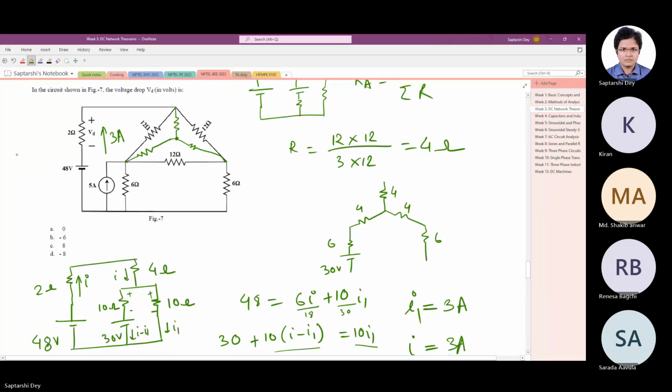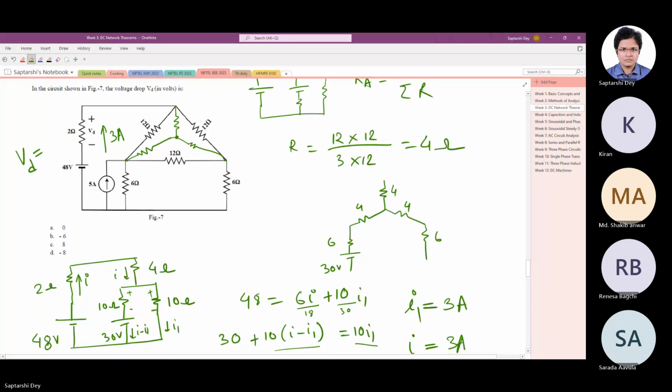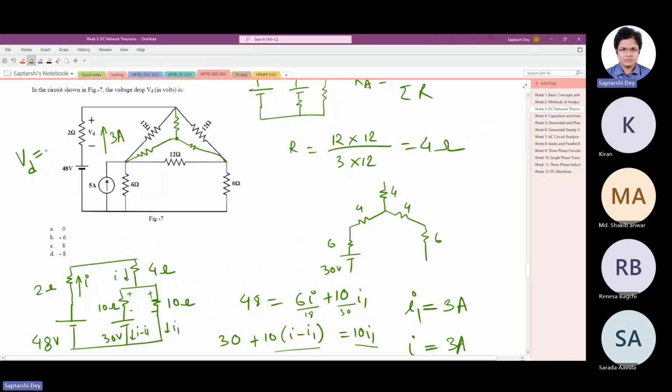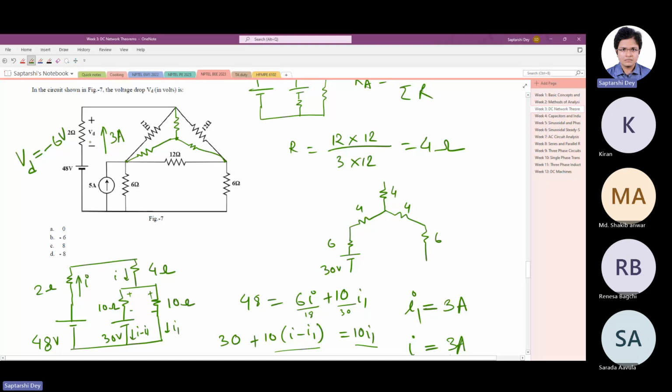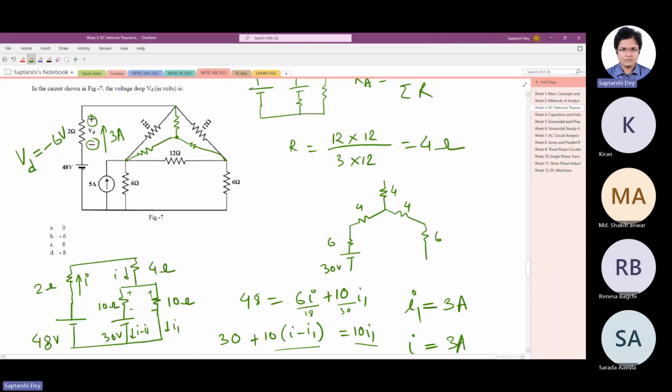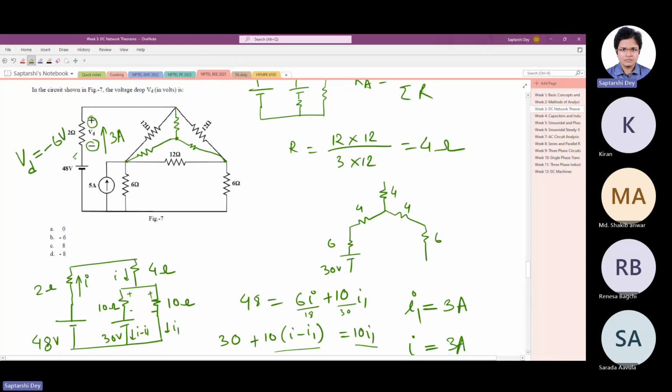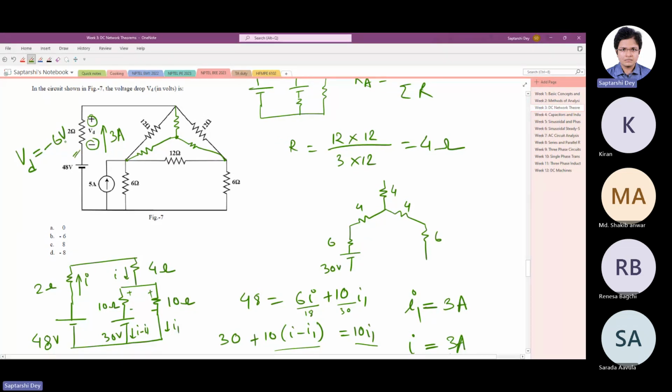Tell me. Minus 6 volts, because VD direction is shown in this way. But if the current flows like this, this will be at the higher potential. So it's minus 6 volt.